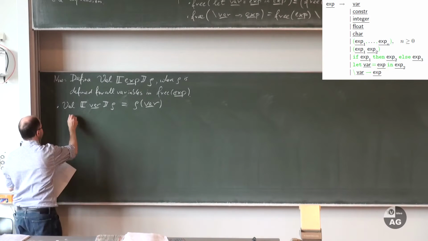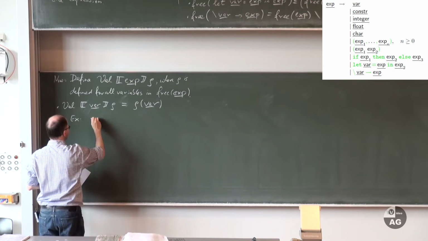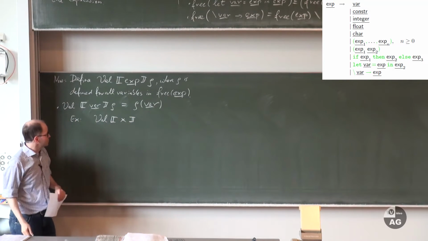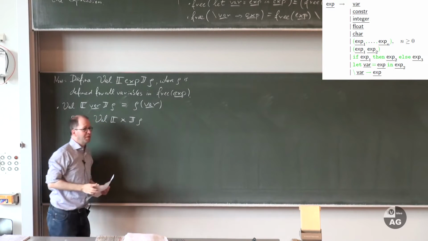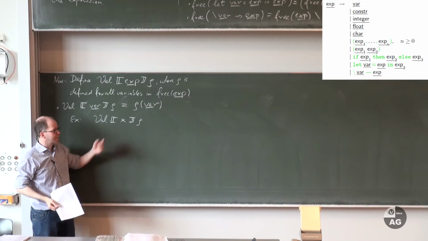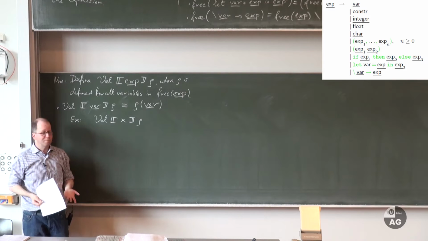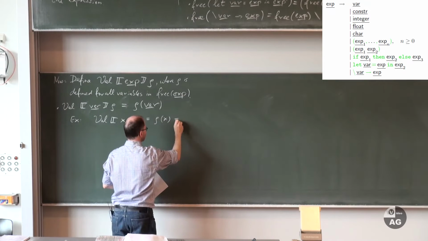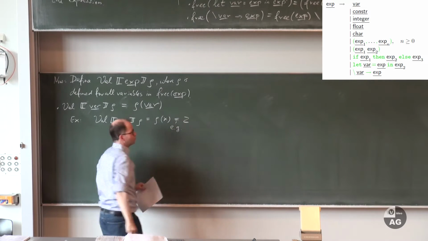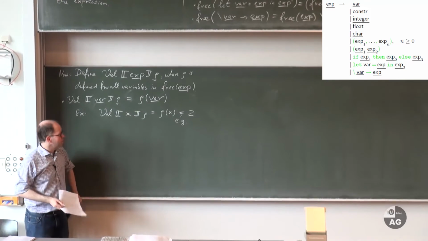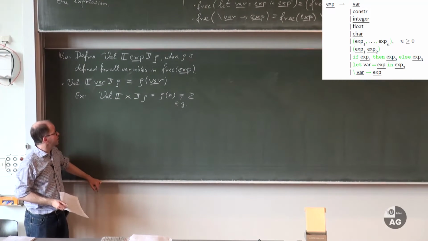So for example, if I have some variable x occurring in my expression, and I want to know what this means, well, I don't know. It depends on the environment. And the environment might say that x has been set to the number 2, for example. So it could be 2, if I'm in an environment where I have the declaration x equals 2 before. This will be the definition of x.